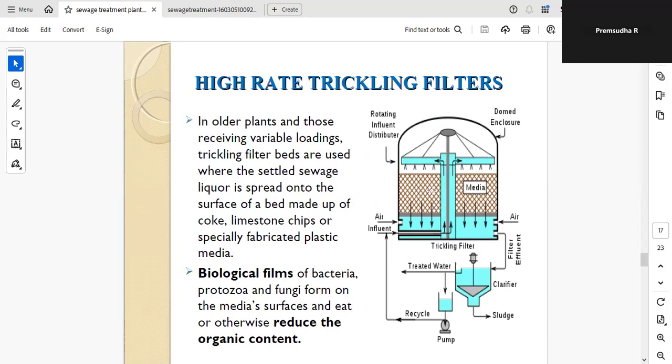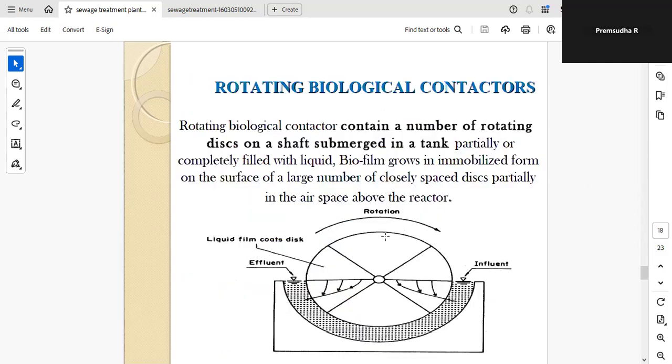Here you can see the surface bed and the rotating distributor. Through this, the sewage is sprinkled onto the media. A biological film forms because of bacteria, protozoa, and fungi, so it reduces the organic content.